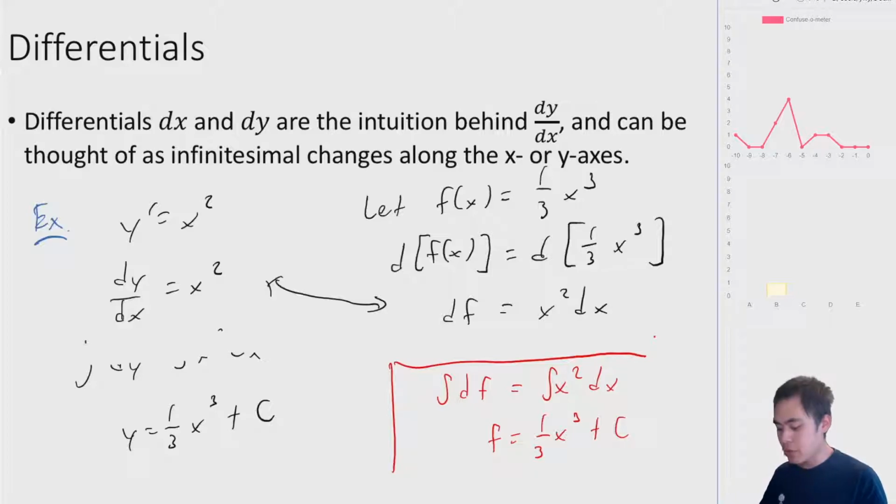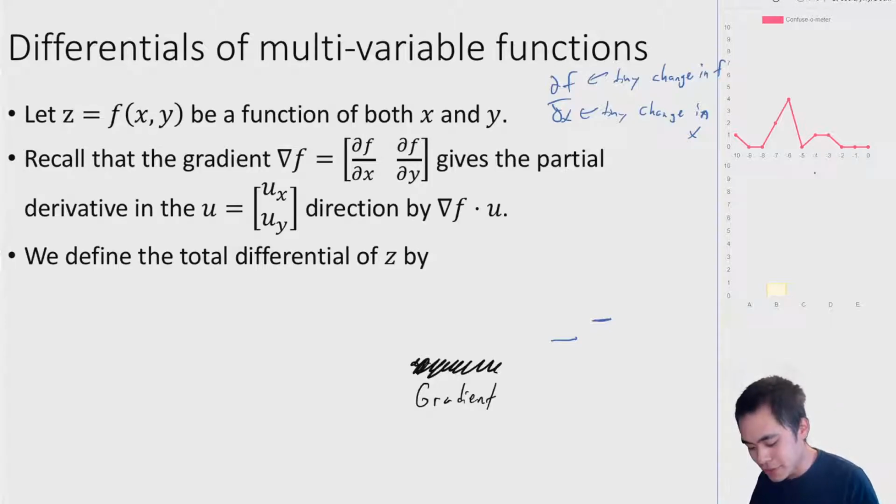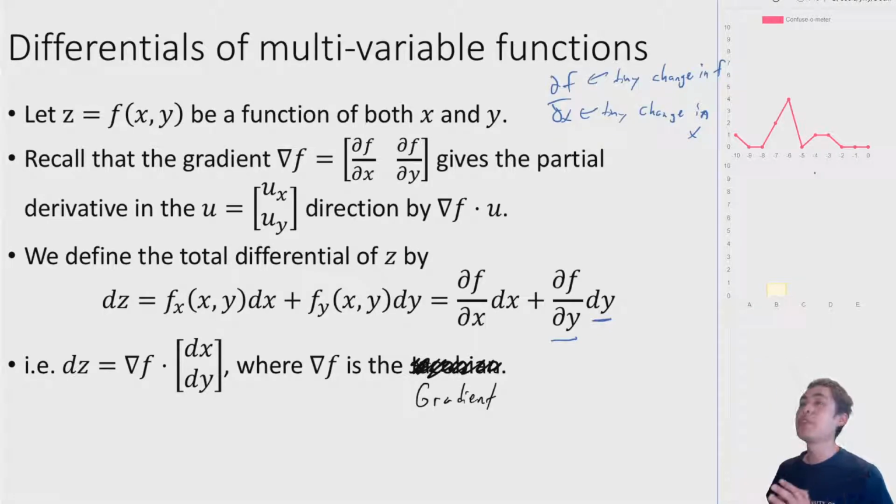We also talked about more complicated differentials, so these were of multivariable functions. Oh, wait, sorry, my animation still needs to go. You can think of the differential as combining together the information of how your function z, or f, changes as you go infinitesimally in the x direction and infinitesimally in the y direction.